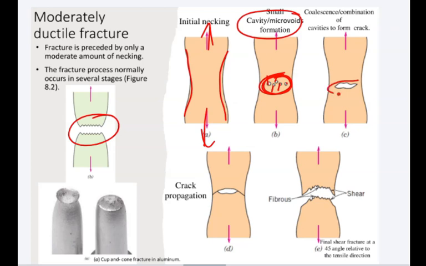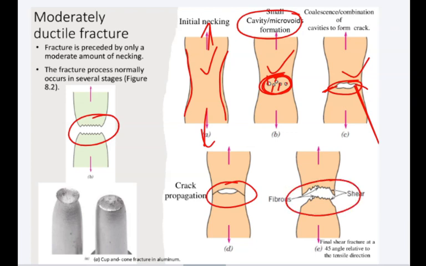So initially we see the necking, then we see the small cavities, and then those cavities combine to form cracks. If the stress still continues, we see the crack propagation. The crack propagates in this direction, and if you still continue the stress, at some point the fracture will occur and the material will fracture. Here we see the fracture.